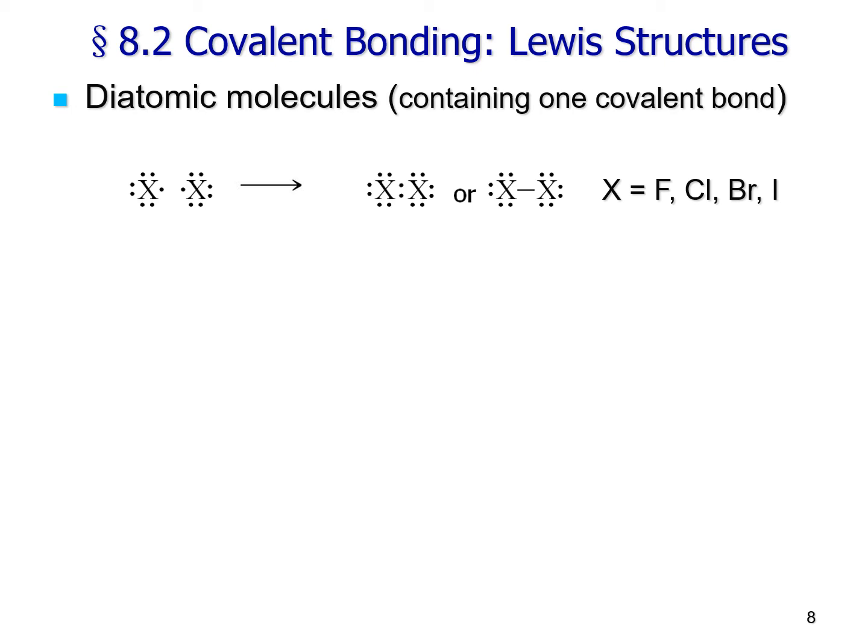Those X could be the same element or could be different. Nevertheless, those atoms in group 7A have 7 dots, leaving only 1 dot unpaired, as you can see right here and right here.